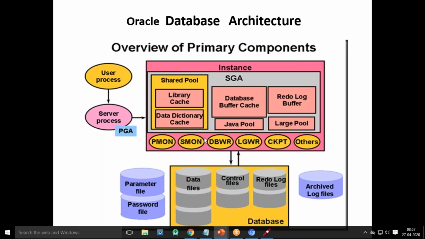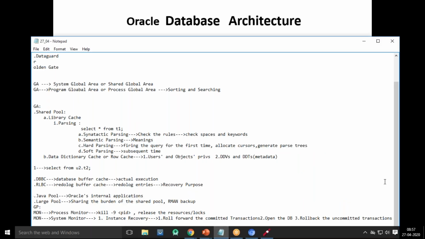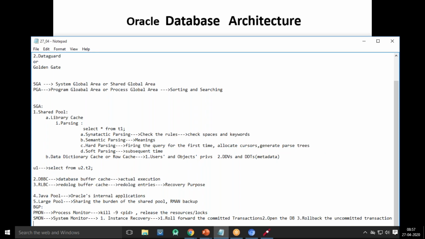First it will roll forward all the committed records into the data files, then it will open the database, then it will roll back the uncommitted transactions. So this is how SMON works, and this is called instance recovery.